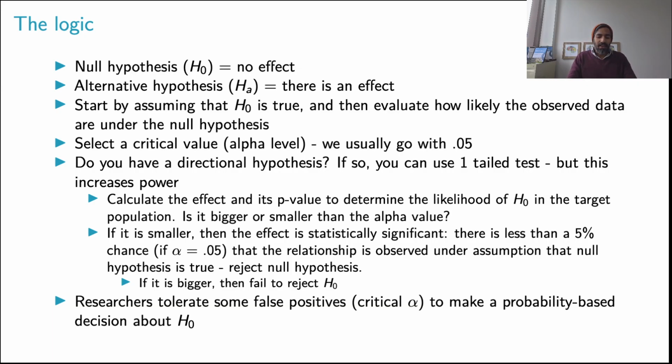The reasoning behind this is that a very, very long time ago, a statistician suggested that 0.05 would be a good threshold to use, just as a starting point for understanding whether the observations or the effects that you see are likely under the null hypothesis.